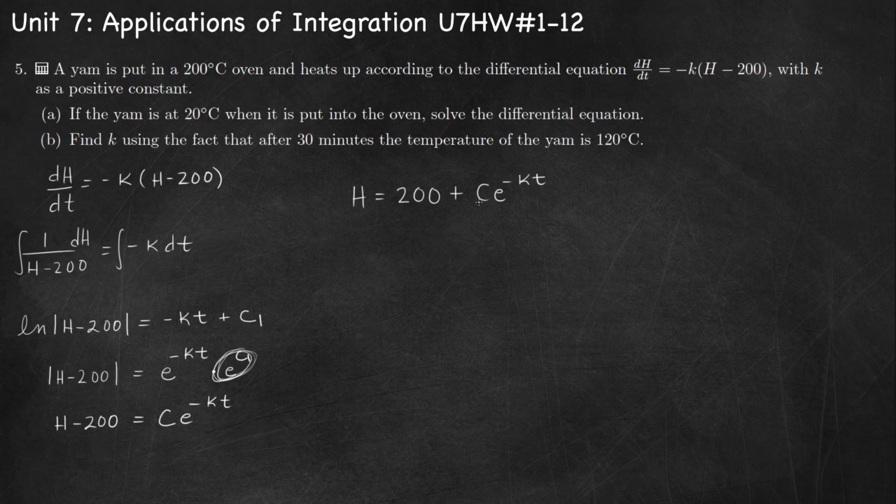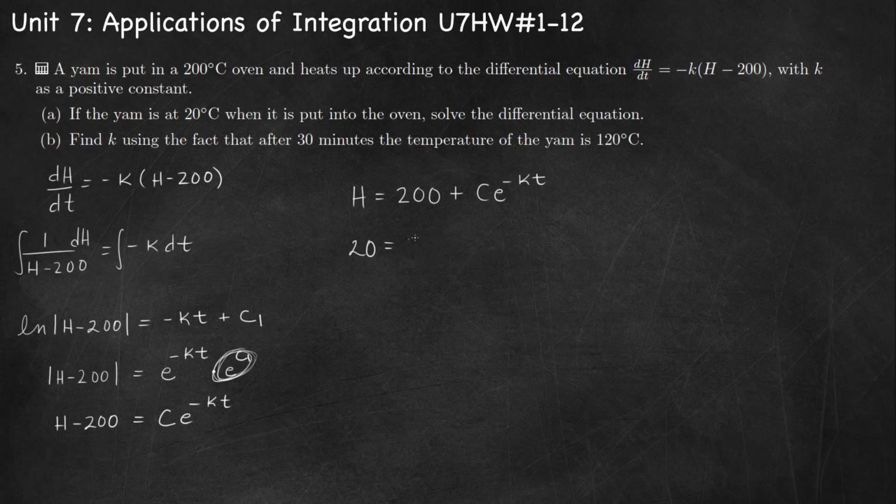We're going to solve for c by substituting in values for t and h. We know that the yam is at 20 degrees Celsius when it's put into the oven, so we're going to assume that when it's put into the oven, we're at time t equals 0, and the temperature there is 20.